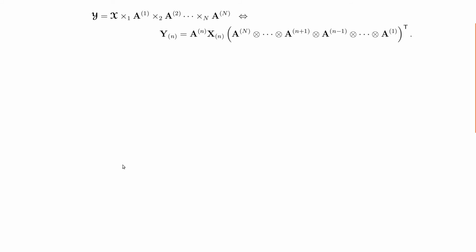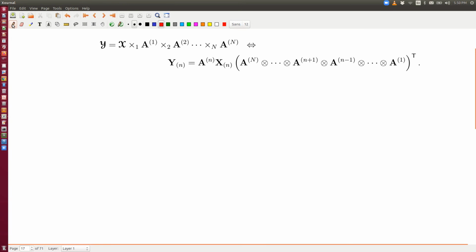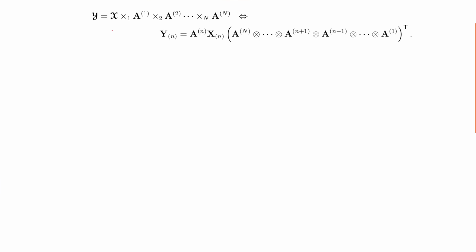Okay, I'd like to end by talking about this identity here. Let me get back the pen here. So if I have the tensor X with mode 1, mode 2, up to mode N multiplication with A1 up to AN, and the resulting tensor, let's say, is Y, then the mode-n matricization of Y will have a form something like that.